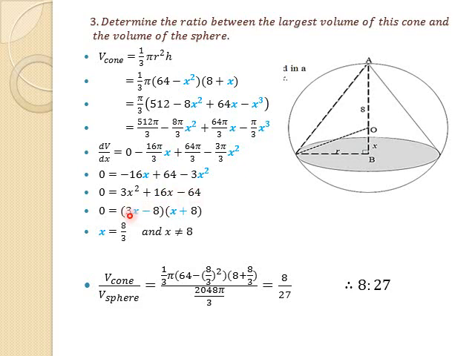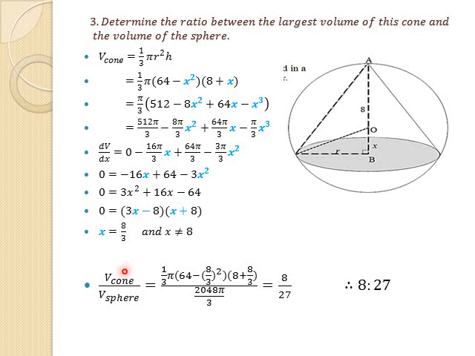Therefore, 3x minus 8 times x plus 8. 3x times x gives me 3x squared. Minus 8 times positive 8 gives me negative 64. But 8 times 3, 24, minus 8 gives me 16x. Therefore, x equals 8 over 3 and x does not equal negative 8.